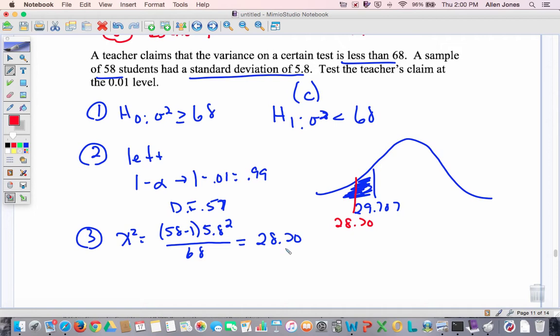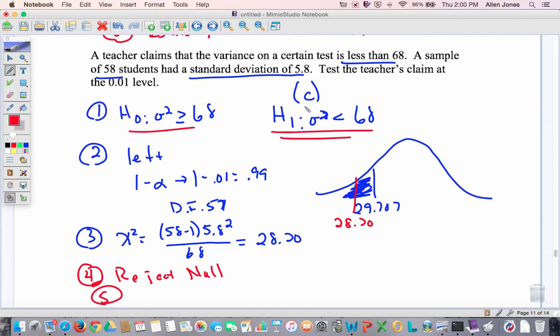Keeping in mind our scores all go from 0 on up, 28.20 is going to be to the left of 29.707, which tells me this time to reject the null hypothesis. And since we reject the null, this is false, which means our alternative is true.